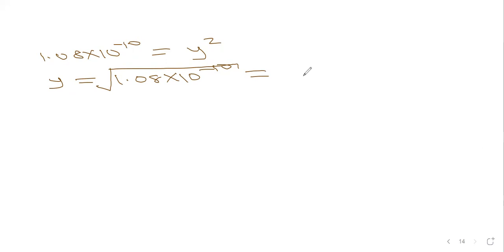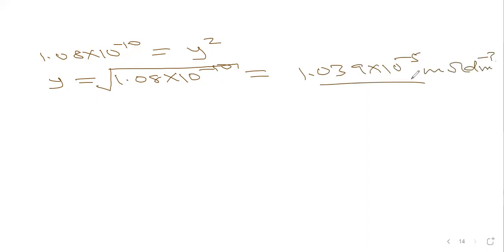The square root of that value must be, which value must it be? You try to press your calculators and tell me the answer. Is it 1.039 × 10^-5? Yes, teacher. Moles per liter.